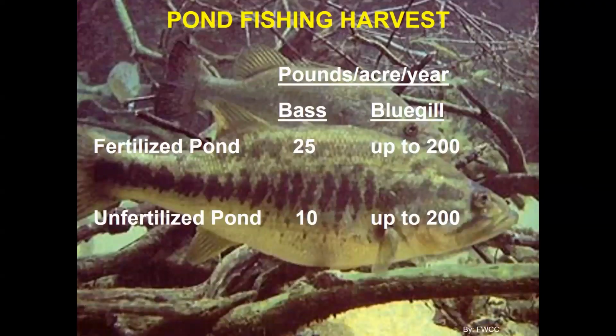And then, when you're looking at what you can expect to harvest, this is just an example of 25 pounds of bass per year and up to 200 pounds of bluegill in a fertilized pond. This is when you're managing a pond specifically for recreational fish production.